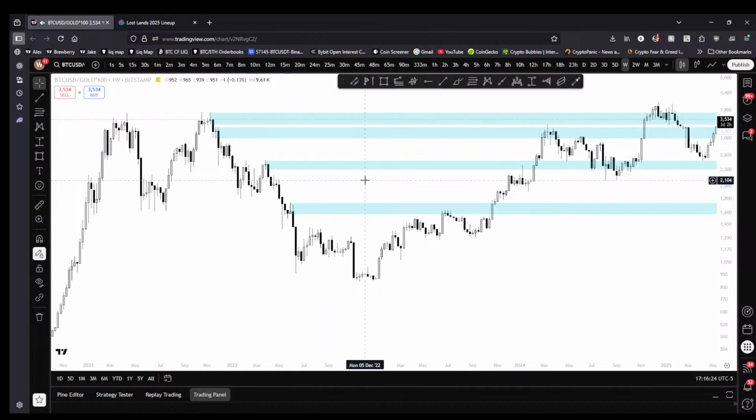Now, one more thing that we want to talk about with market structure is we're paying attention to areas that have not been mitigated yet. Remember? So mitigated means interacted with. So notice how these order blocks have not been touched by any other candle, right?